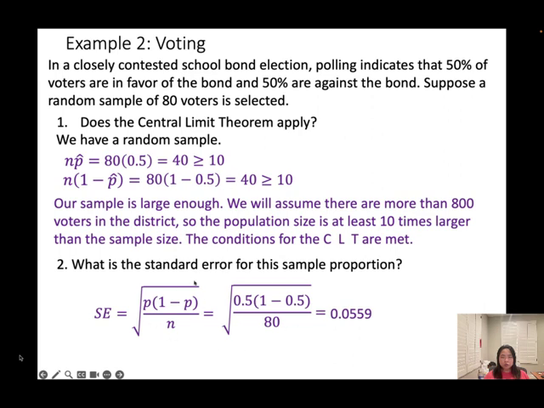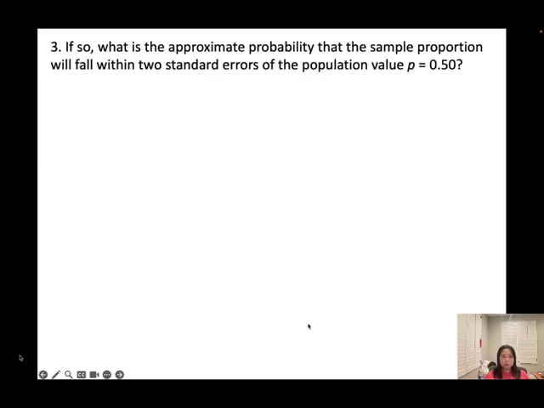Okay, right? Check the requirement for the central limit theorem. Second part, find the standard error. Number 3, if so, what is the approximate probability that the sample proportion will fall within 2 standard errors of the population value, p equal to 0.50? Remember, 2 standard errors means 2 standard deviations.